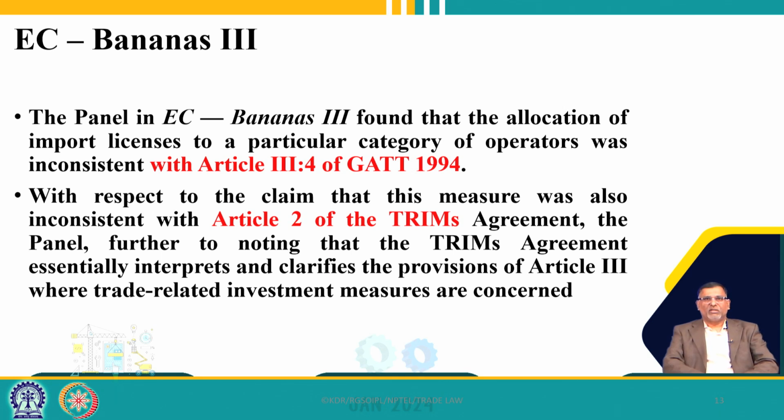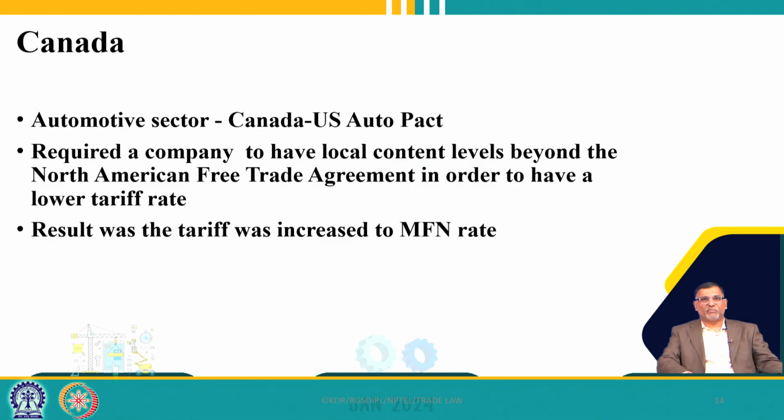So, here the unreasonable license measures were held to be inconsistent with again Article 3(4) and Article 2 of the TRIPS agreement. So, it is very clear that under the WTO regime you cannot put unreasonable restrictions on trade, and this is reiterated by the dispute settlement panels and the Appellate Body through a series of cases.